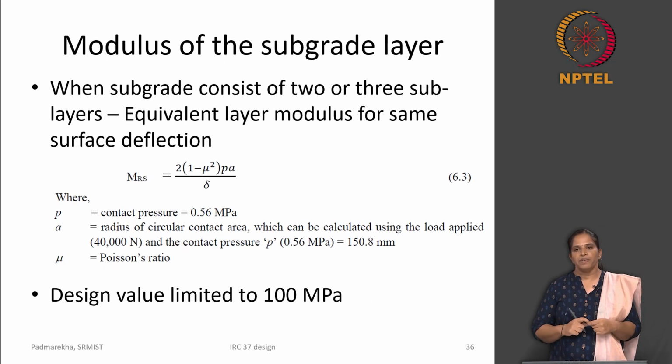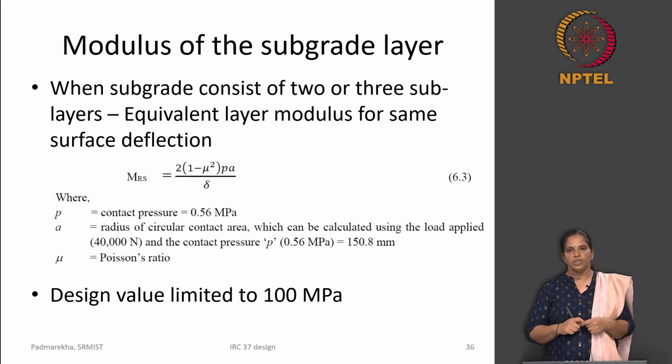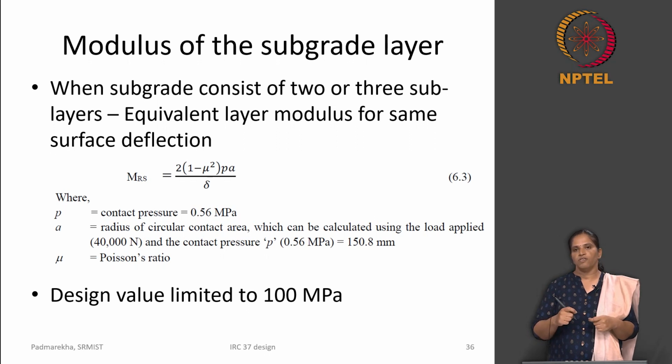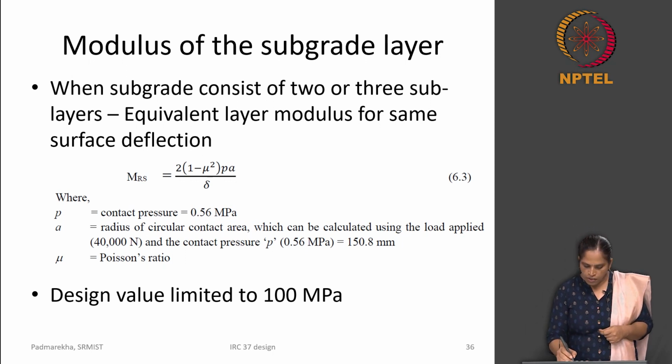If we have a subgrade divided into sublayers, we may have different CBR for different sublayers. But for design purposes, we consider the subgrade as a single layer. Now again the next question is which CBR to use here. So it all depends on the equivalent CBR value or equivalent modulus value. So suppose you have two sublayers, each layer has a modulus, two different moduli E1 and E2.